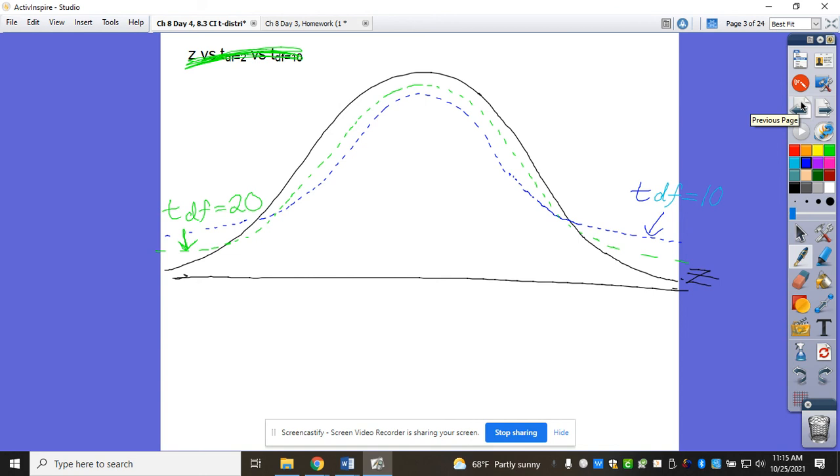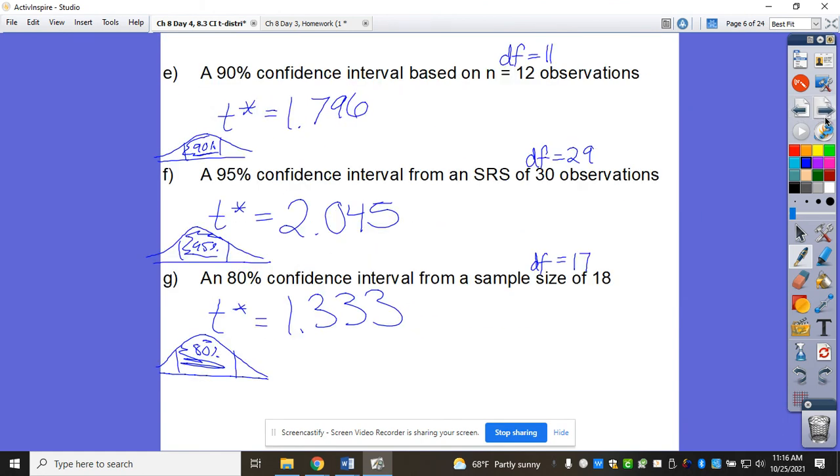And what did I say about the Z curve? As sample size increases, T gets closer. But what do I know about just Z itself? How many Z's did I draw on there? Why did I only draw one Z? It does not change, but T does change based on the sample size.